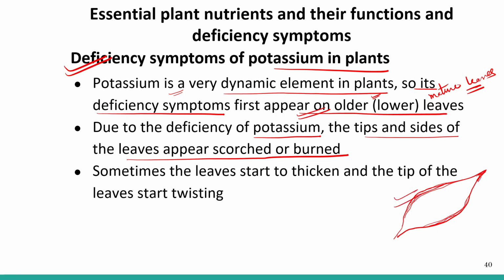So these are symptoms of potassium deficiency. Sometimes the leaves start to thicken and the tips start twisting. So sometimes they become very thick and the tip becomes twisted. This also shows the deficiency of potassium.